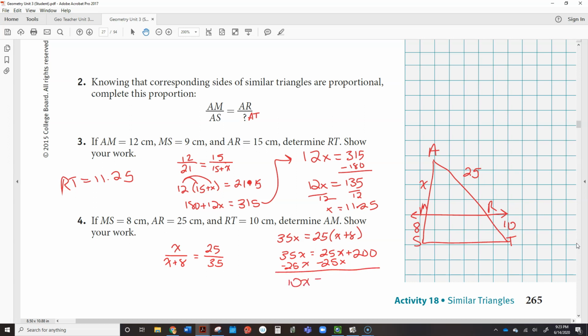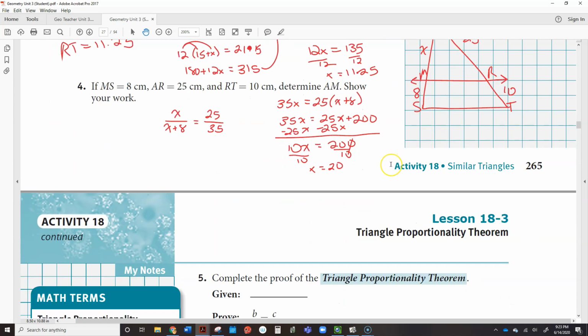That's going to leave me 10 x's is equal to 200. Divide both sides by 10, and x is equal to 20. And x was the distance of AM. Okay, so that's nothing different than what we did a while ago. What we did just a few minutes ago, we did little triangle in proportion to the big triangle.